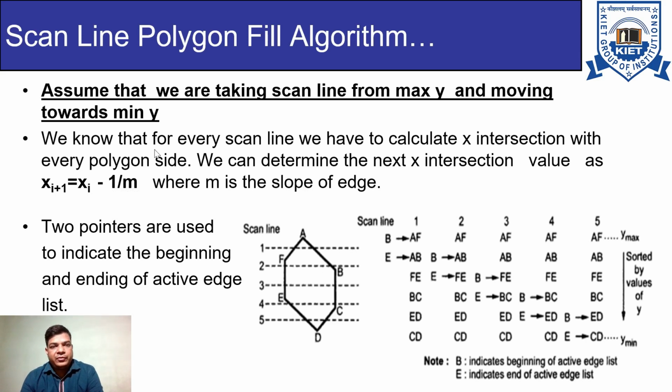So for every scan line we have to calculate the x intersection with every polygon side. We can determine the next x intersection value as x(i+1) = xi minus 1/m, where m is the slope of the edge. Here we are maintaining two pointers, which indicate the beginning and ending of the active edge list.